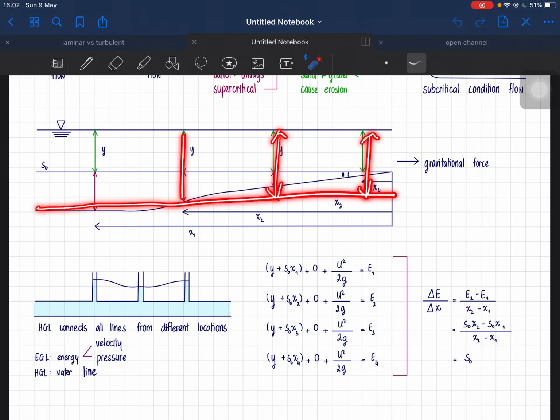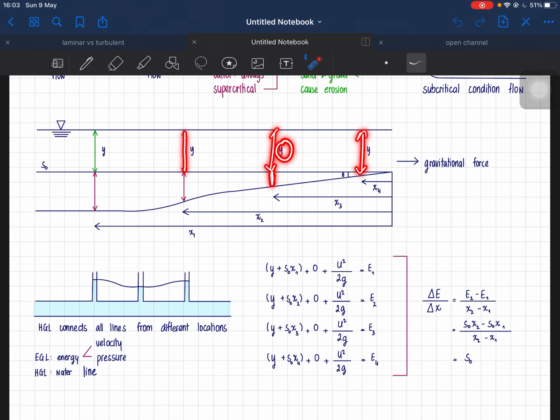But in this case, it's not the same, because it creates some slope here. So it creates y like this, but we have to add this one. So this here is equal to this here, but you have to add this one, right? So it creates this formula, y plus S0 x1, where x1 is here and this is the y here. So if you want to find this one, you choose this one and add this one.